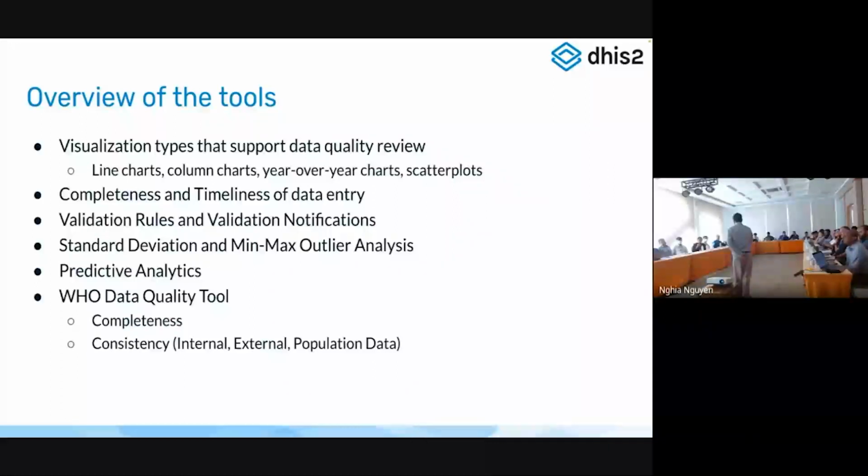So validation rules are a core feature inside of DHIS2. So for iCapture, it depends. If it's an event program, then you have a different functionality called program rules, and you can use those in a similar way to check your event data. For the aggregate data in iCapture, validation rules and notifications will work.